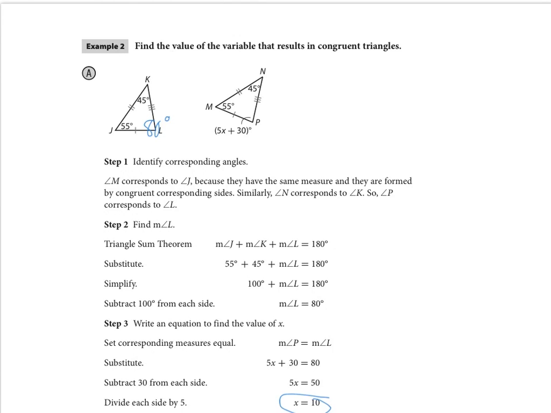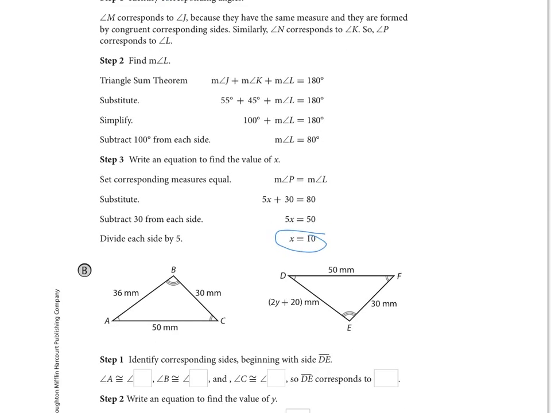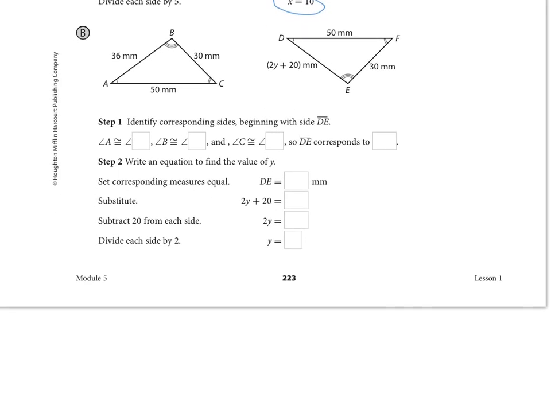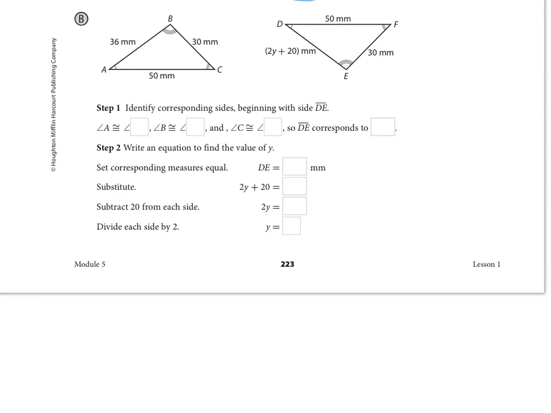Let's look at example B. Same instructions: find the value of the variable that makes the triangles congruent. We're going to identify corresponding sides this time, because it looks like we've got corresponding angles all good to go. Angle A corresponds to angle what?